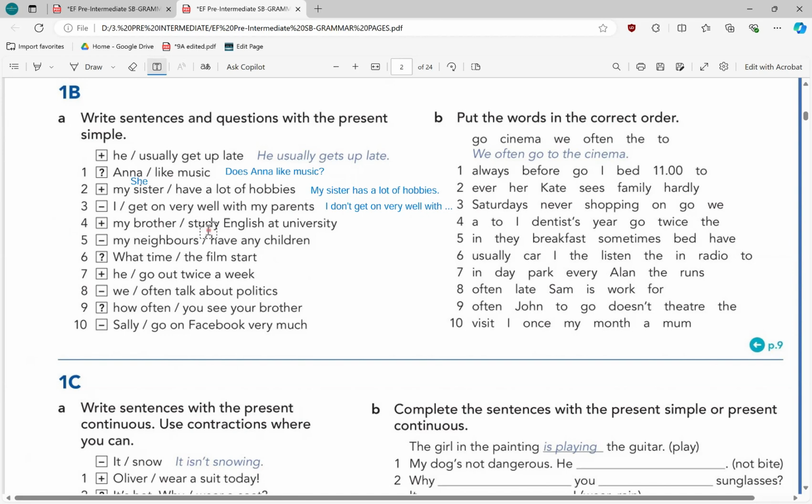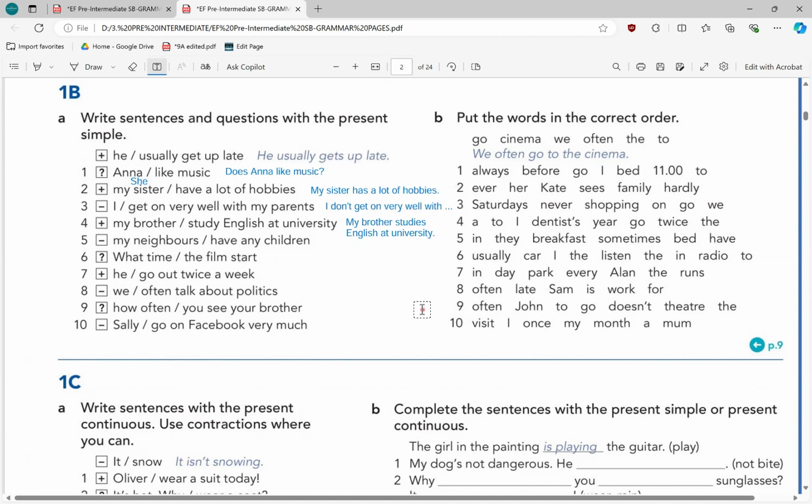So my brother studies English at university. So study, why do I change y to i and then es? Studies English at university, right? Yes, that's better. My brother studies English at university.